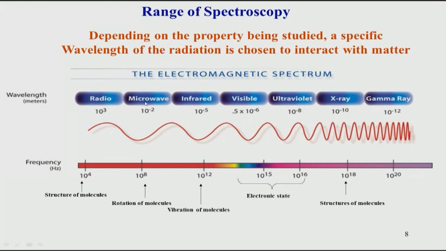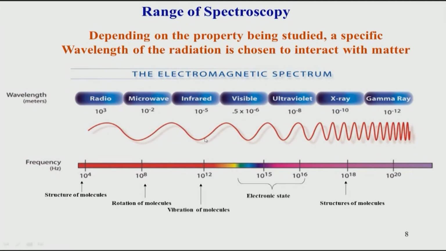Then the next, little higher energy is called microwave, and if you supply microwave energy to the sample, the rotation of the molecules responds to this particular range of frequency, and this is called microwave spectroscopy.